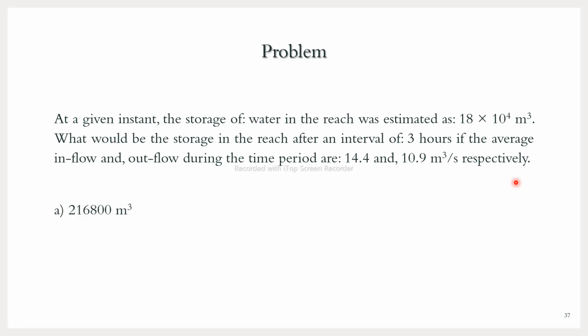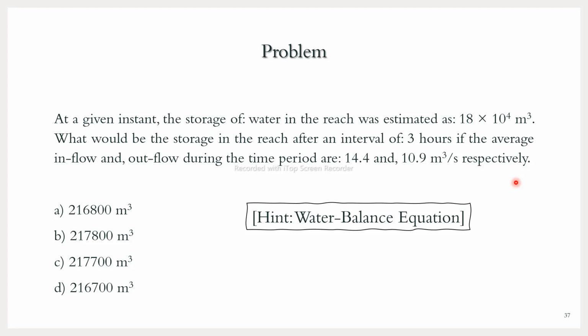The options are option A, 21680 meter cube, option B, 21780 meter cube, option C is 21770 meter cube, and option D is 21670 meter cube. So hint, as I told earlier, that you have to use the water balance equation to solve the problem.